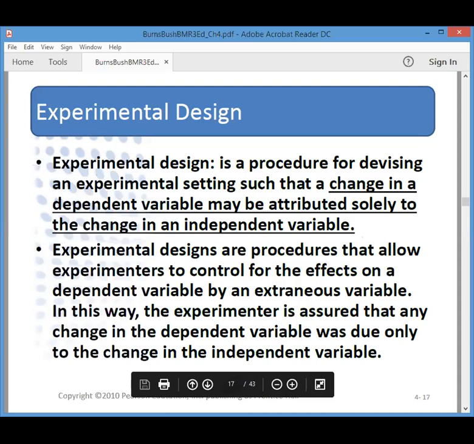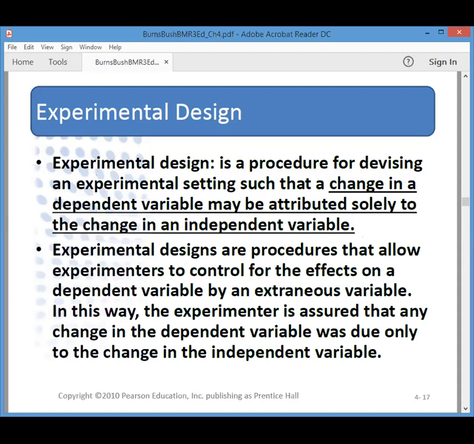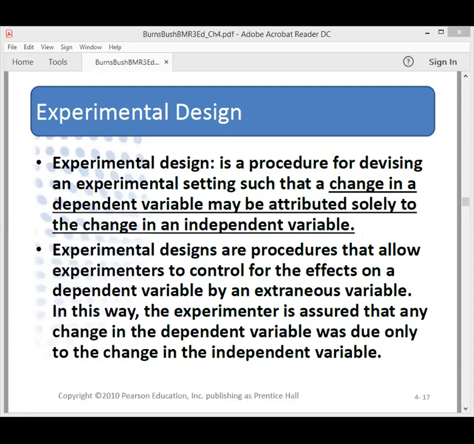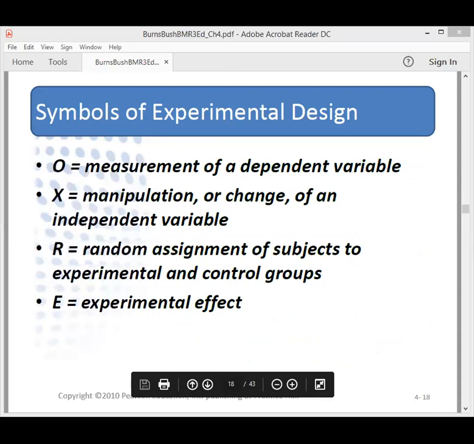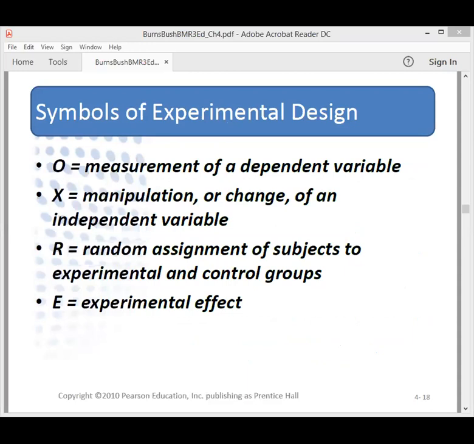So experimental design, that's where we want to form our experiment such that a change in a dependent variable may be attributed solely to a change in the independent variable. So that means we have to control for the effects on a dependent variable by an extraneous variable. And often you'll see some of the symbols for experimental design.